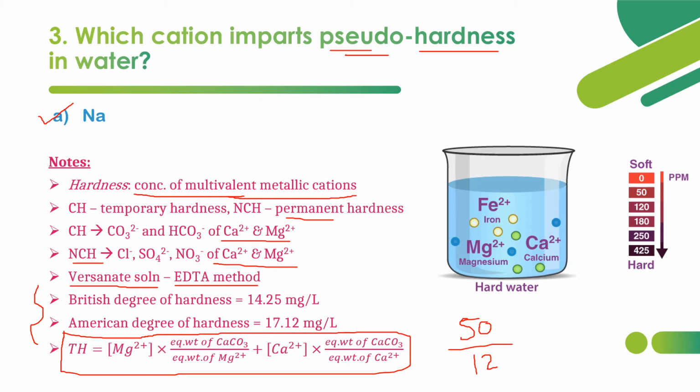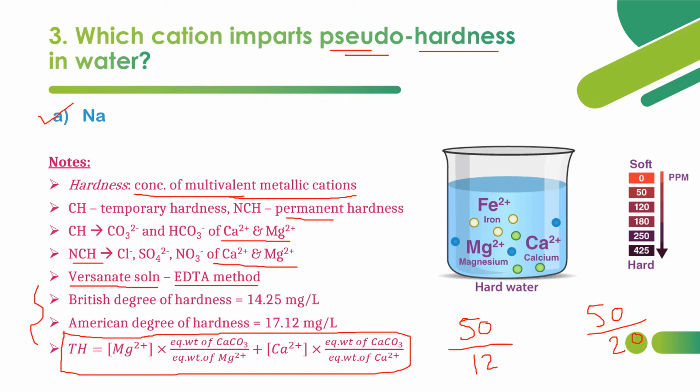In case of calcium, equivalent weight of CaCO3 is 50. For calcium, it is 40, 40 by 2 is 20. This is how we have to calculate the equivalent weights when finding the hardness in terms of milligram per liter as CaCO3.